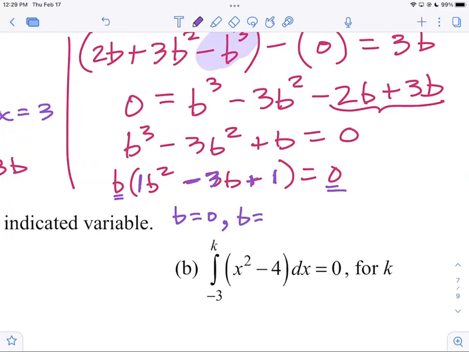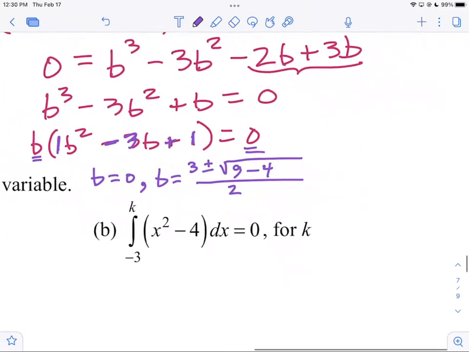Now we got to be careful here because the quadratic formula has a little b in it, but the little b is the coefficient of the linear term. Right? So just think about it. It's the opposite of your linear term. So it's positive 3 plus or minus the square root of the linear term squared, which is positive 9, minus 4 times your quadratic term, which is 1, times your constant, which is 1, all over 2 times your quadratic coefficient.